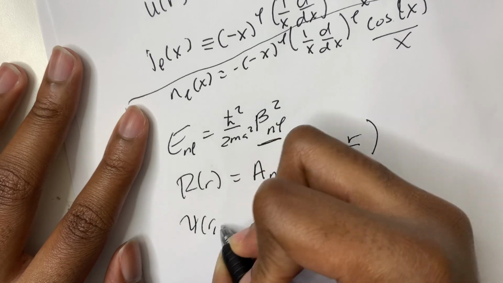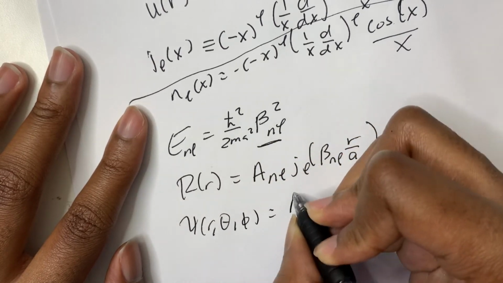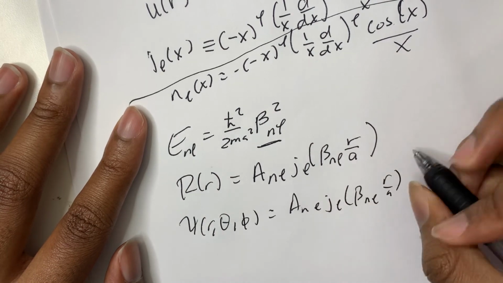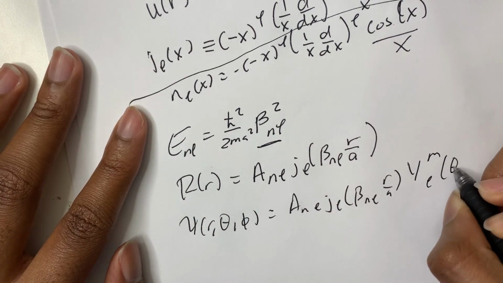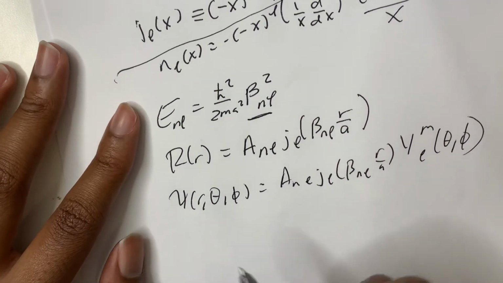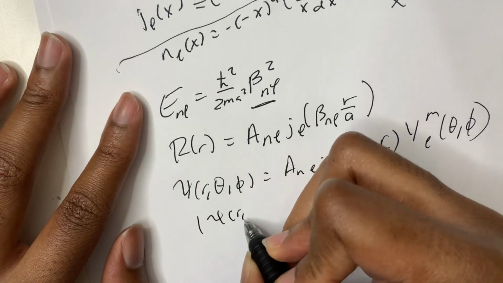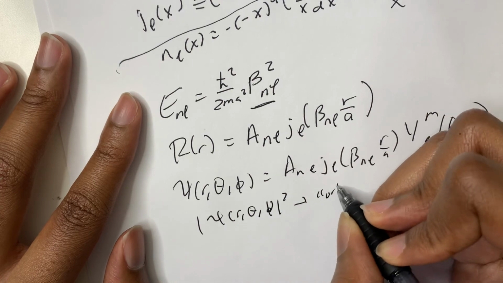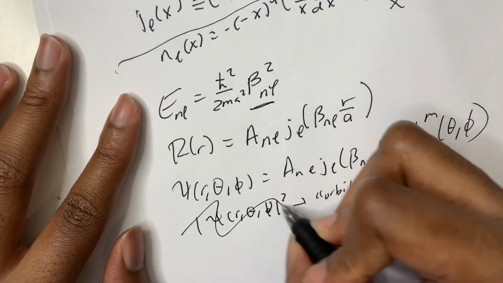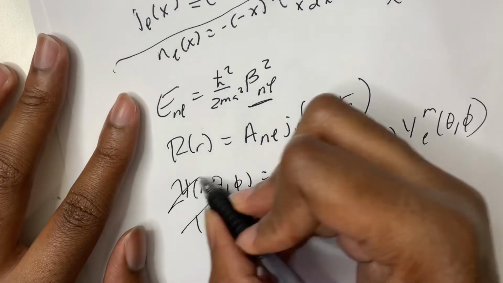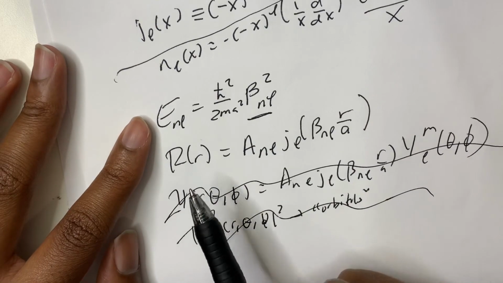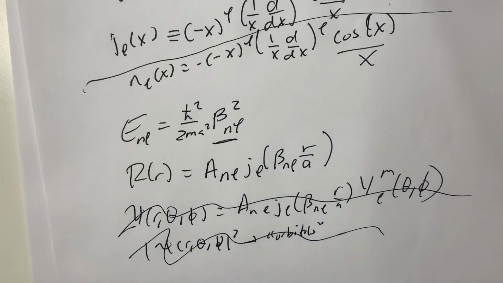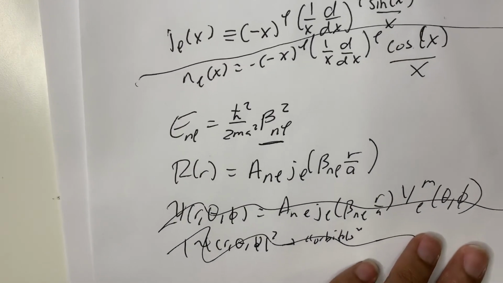So psi of r, theta, and phi is going to be this exact same thing times the spherical harmonics. And then we can take the squared value of those to get our orbitals for this system. But we don't really care about that right now. We don't really care about this either. We care about the radial wave function. So yeah, almost done here. We have to talk about normalization.